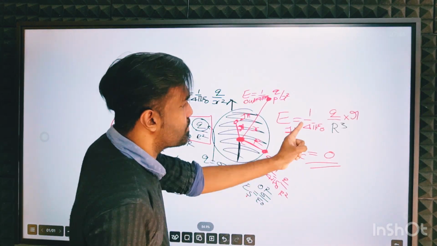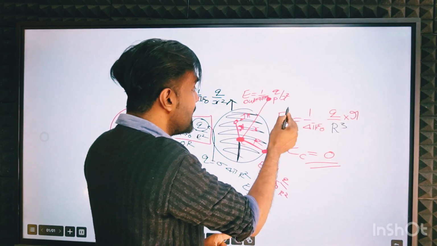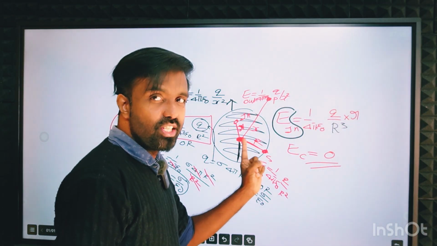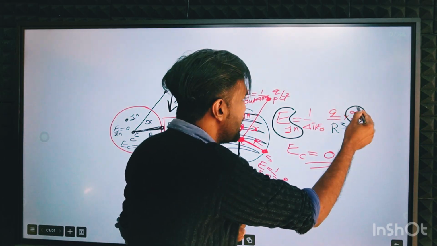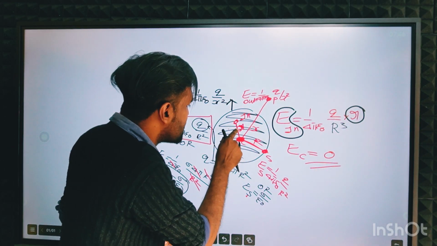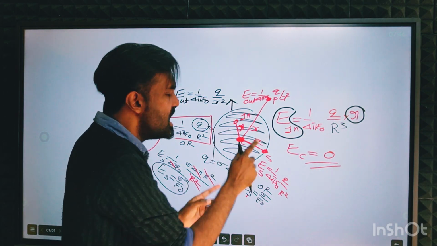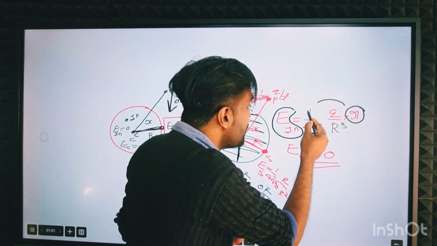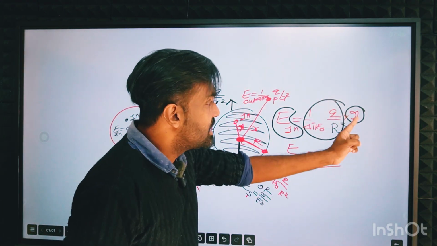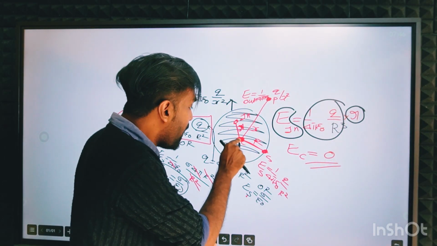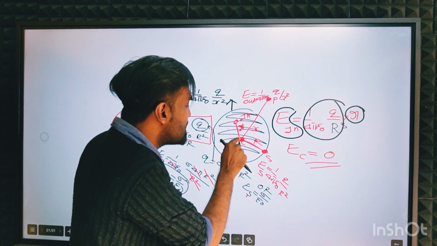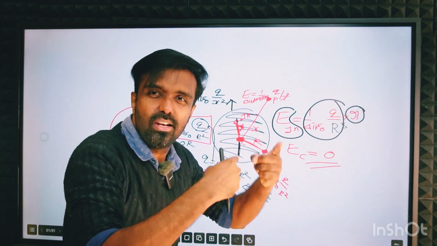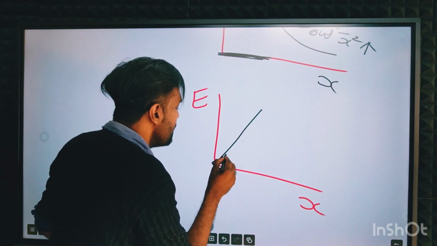Inside the charged solid sphere, with respect to small r, from the center to the surface, as small r increases, the value of electric field intensity increases. These all things are constant, guys, and only small r changes from center to the surface. As the value of small r increases from center to surface, electric field intensity gradually increases, guys.